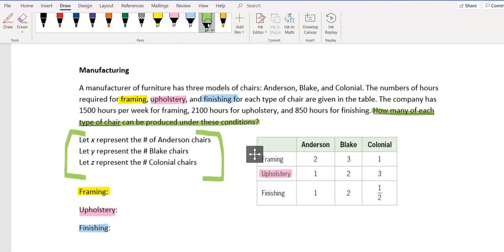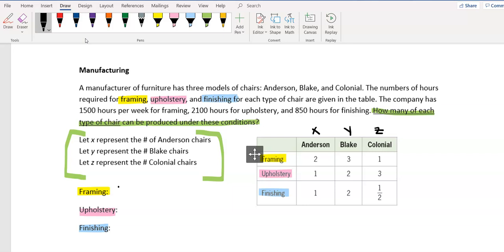The table actually helps with organizing this in this particular situation. So if you ever are able to make a table, that might be something to think about. So Anderson chairs, remember, are X, Blake chairs are Y, and Colonial chairs are Z. So the framing equation is going to say, okay, well, for all of the framing that we have, 2 hours are spent per chair on Anderson, 3 hours are spent per chair on Blake, and 1 hour per chair is spent on Colonial.